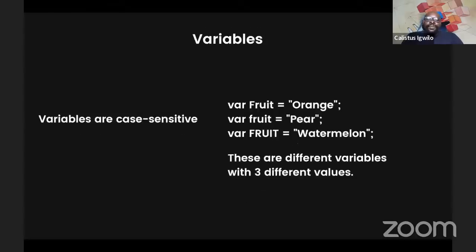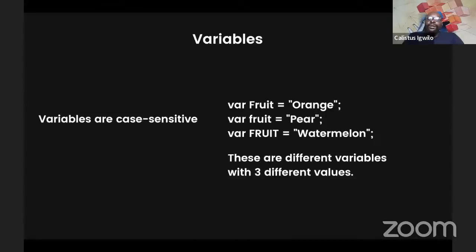Just one thing about variables in JavaScript. Variables are case sensitive. Look at the first example we have there: var Fruit equals orange. Here we have sentence case, where the first letter is capital and every other letter is small. So it makes a container called Fruit and stores orange in it.